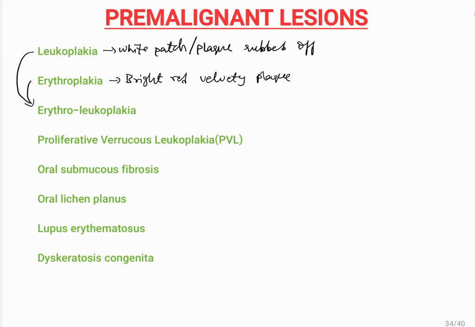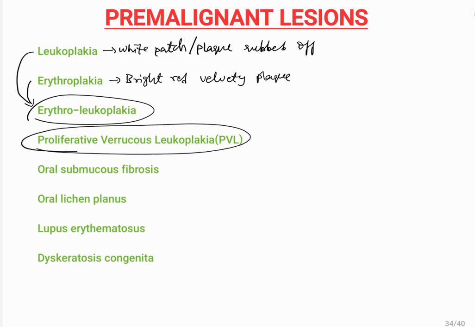The other pre-malignant lesions can be proliferative verrucous leukoplakia (PVL), oral submucous fibrosis, oral lichen planus, lupus erythematosus, and dyskeratosis congenita. Among all these lesions, the erythroleukoplakia, proliferative verrucous leukoplakia, and dyskeratosis congenita, these three have the maximum risk for malignant transformation, which means they have the high tendency to convert into a cancer.